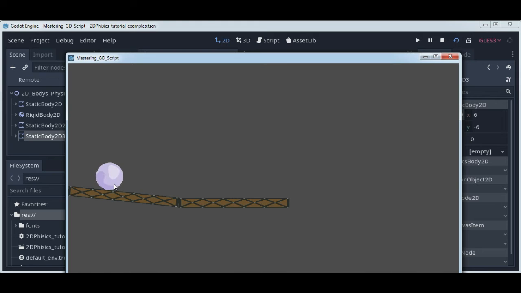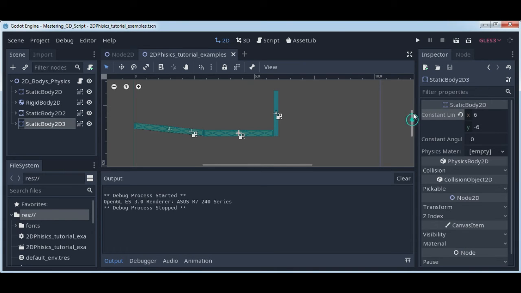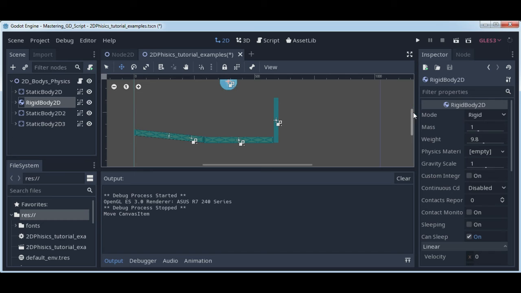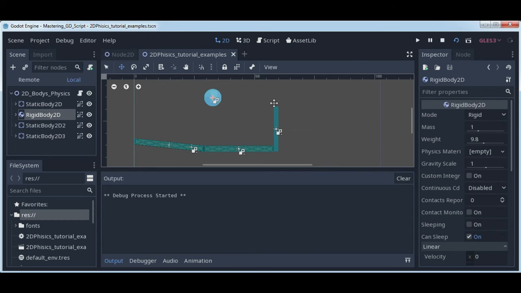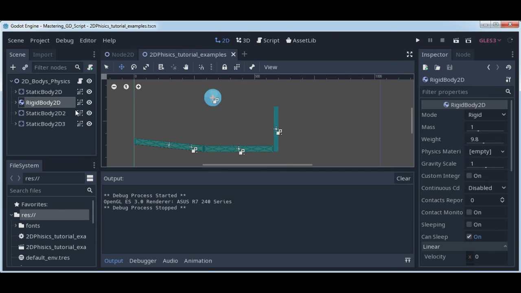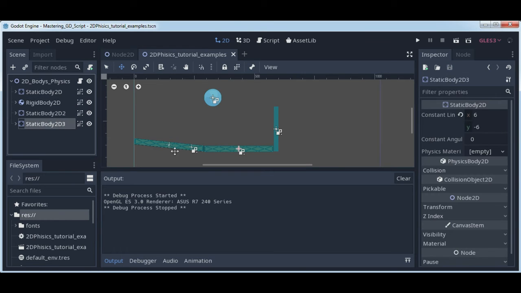So we have rotation, and when the ball comes here we will have this effect, which means we can only select this rigid body and put it here to see this effect immediately. So we have some movement to the side. And now we will continue changing data on this static body.